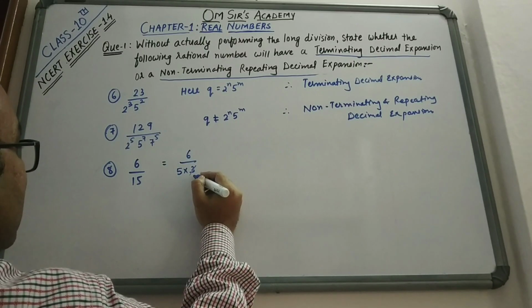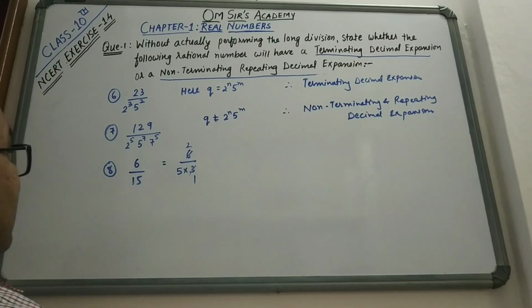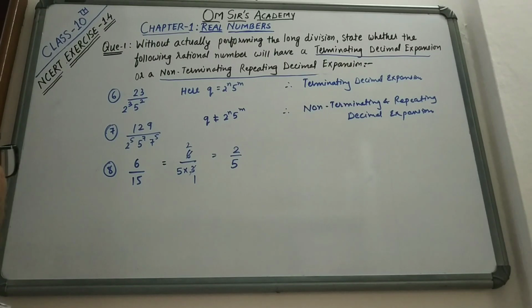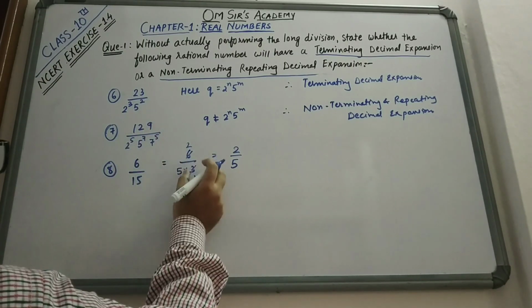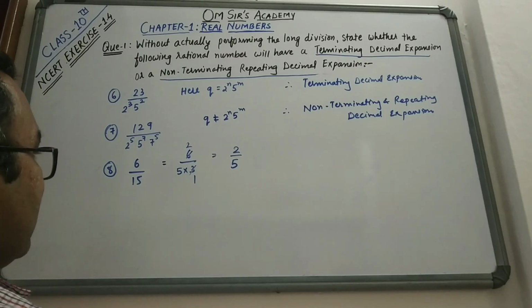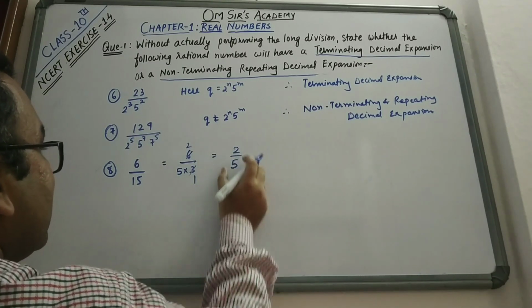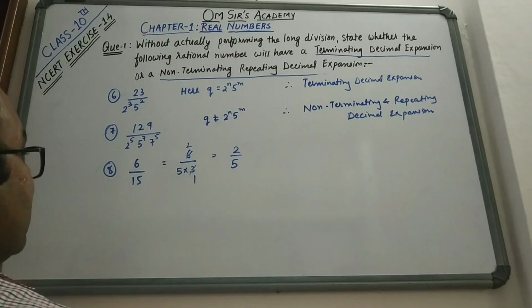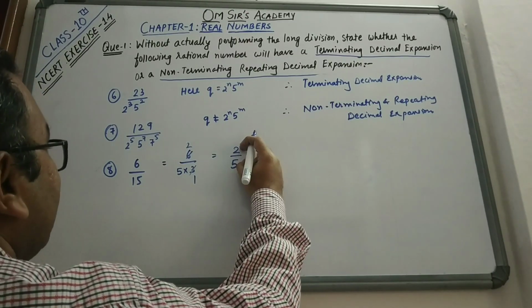So these 3s we can cut, 3 ones are, 3 twos are. So it will become 2 upon 5. So first of all we converted it into simplest form. Then whatever is remaining, p and q should be co-prime numbers. So now these are co-prime numbers.